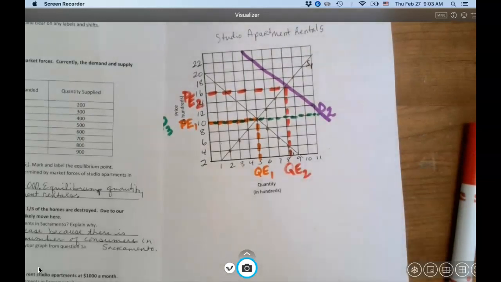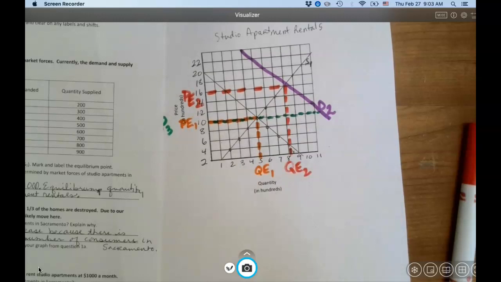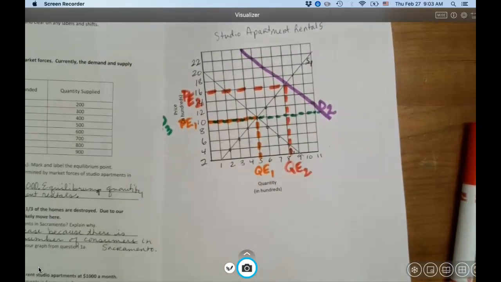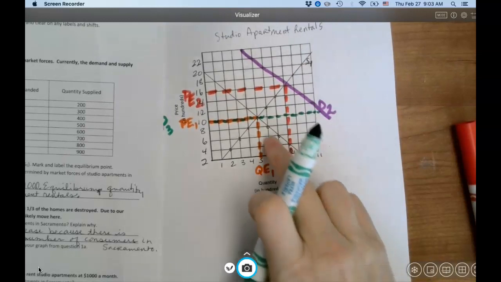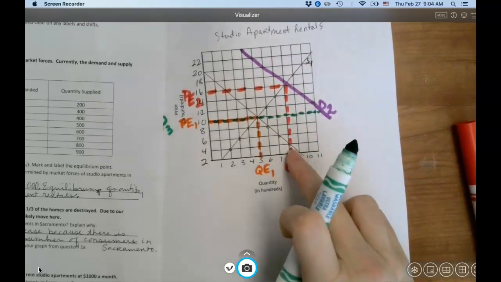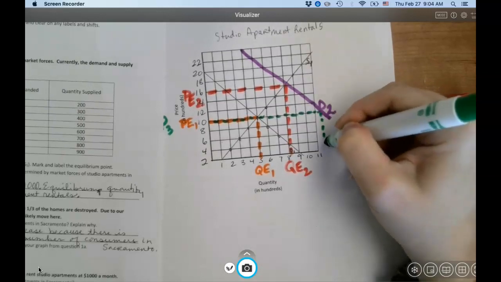So now I've got to show where this price touches the demand curve and where it touches the supply curve. Forget about this demand curve. This demand curve doesn't exist anymore. Here is where it touches the new demand curve.